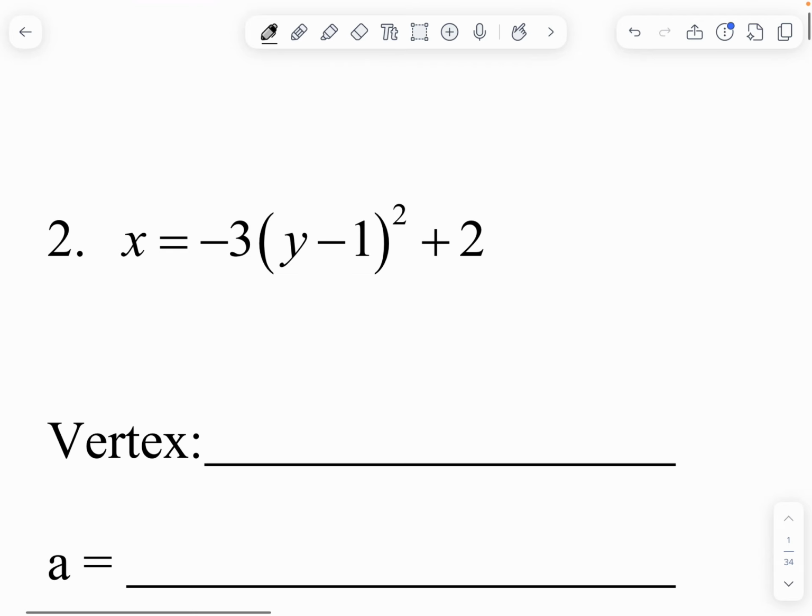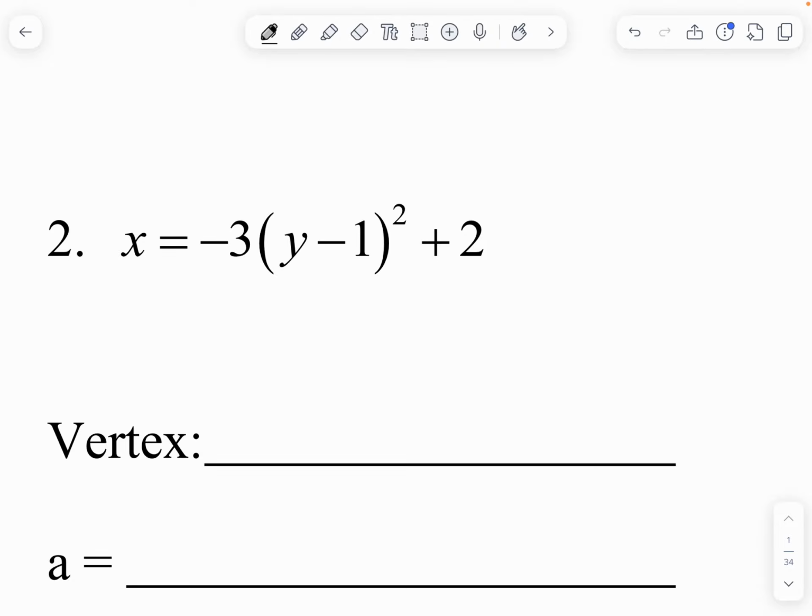So this starts with x. So for a horizontal parabola, the vertex form of it is, hang on. Yeah.